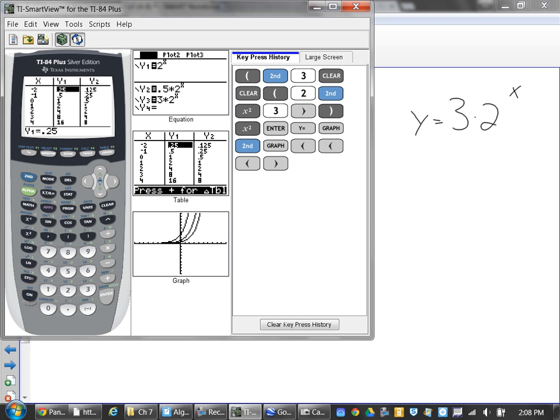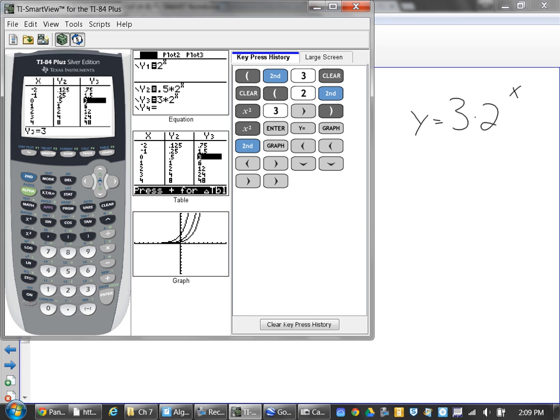So our first graph was y equals 2 to the x, right? Our y-intercept was at 1. When it was y equals 1/2 times 2 to the x, what was our y-intercept? 1/2. When it was y equals 3 times 2 to the x, what was our y-intercept?